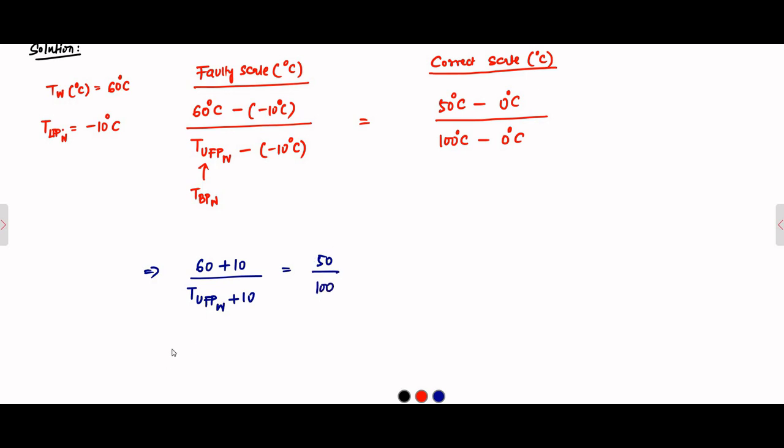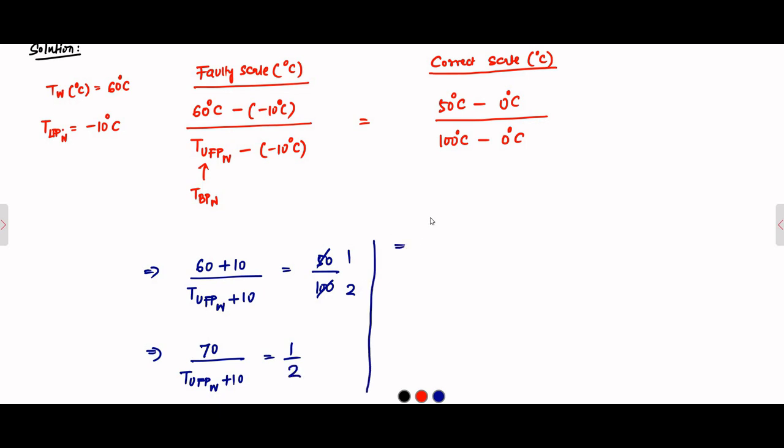That is equal to 1 by 2. 60 plus 10 is 70, so 70 by TUFPW plus 10 is equal to 1 by 2.